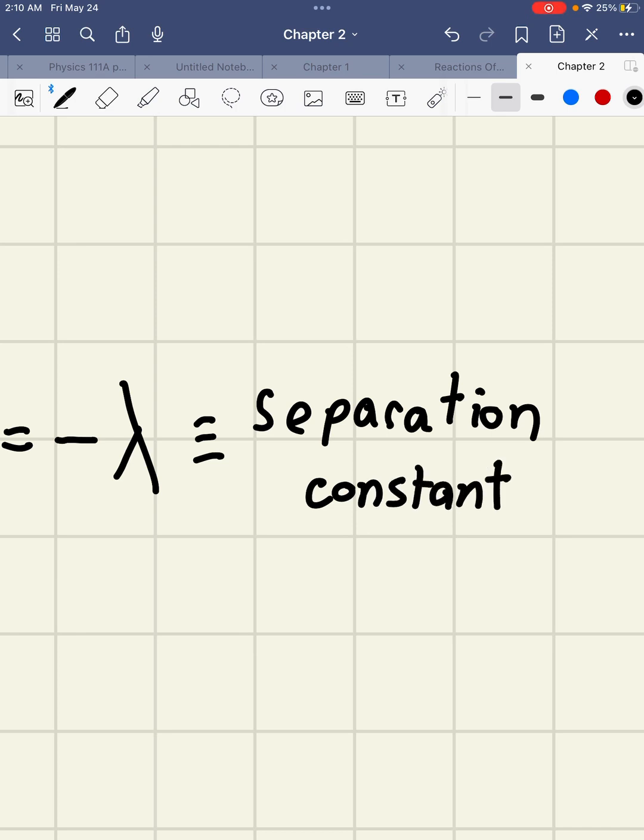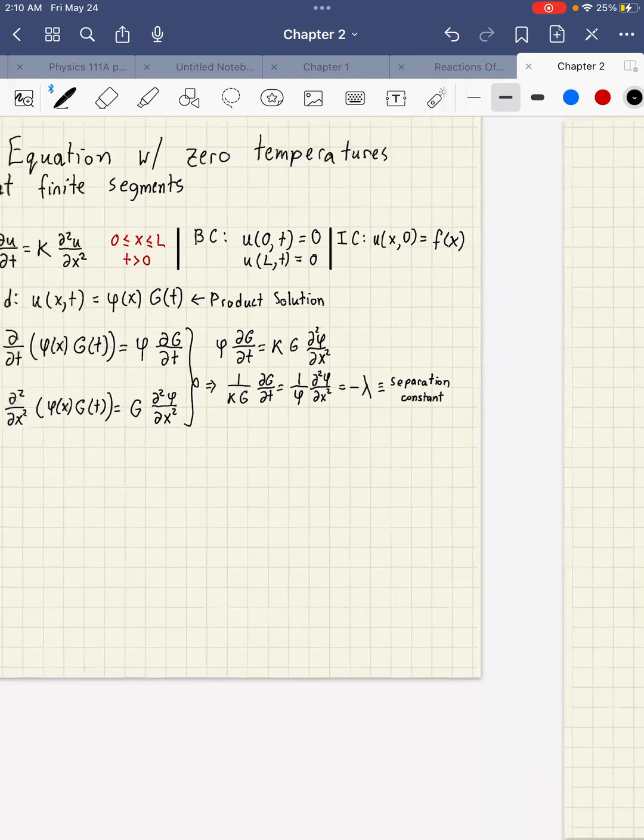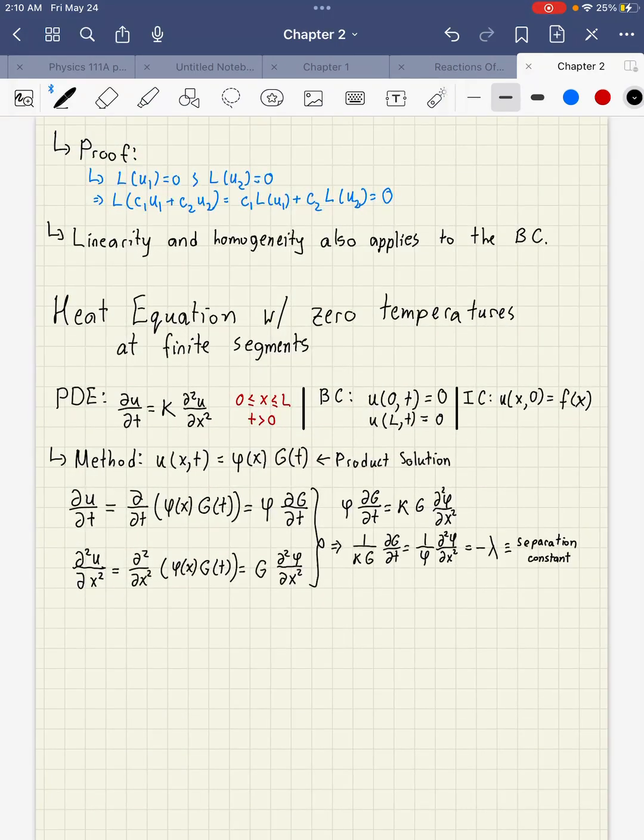It's just an arbitrary constant. While solving our PDE, you will find which values of lambda are required to satisfy the corresponding boundary conditions.